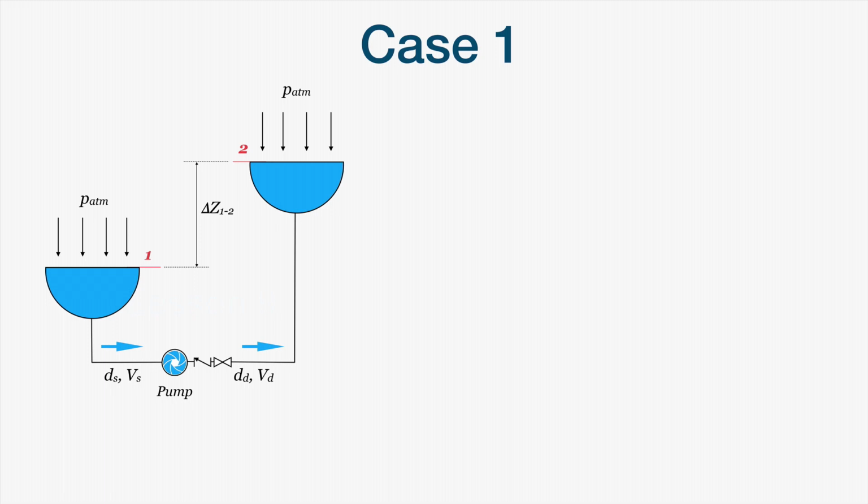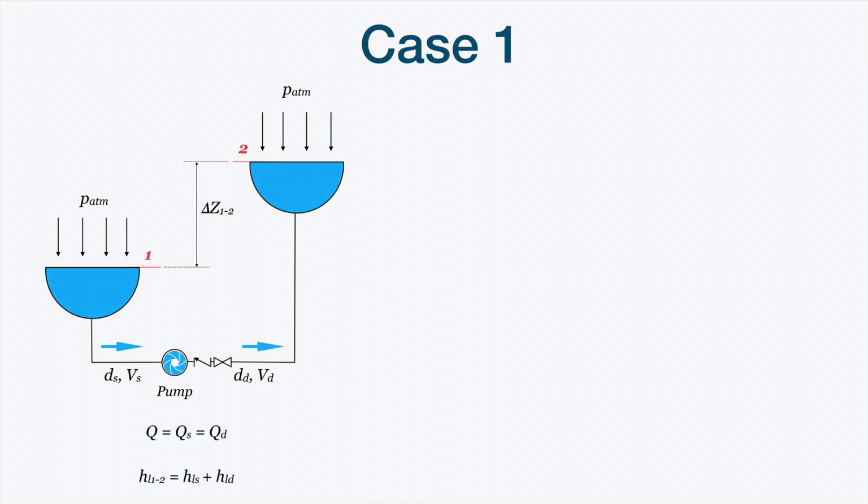Downstream of the pump we have first a check or non-return valve, and after that a shut-off valve. We have the difference between the two surfaces of the liquid, delta Z1-2, and the atmospheric pressure is acting over the liquid surfaces.